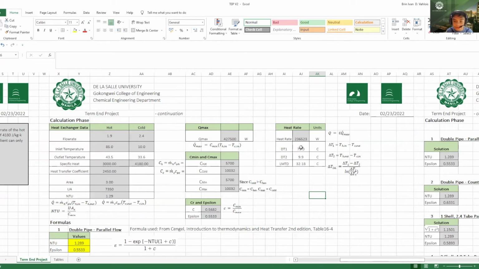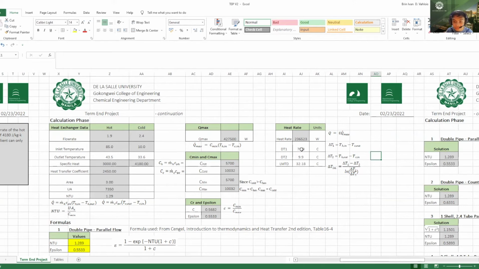For bonus, we can also solve for the logarithmic mean temperature difference. The logarithmic mean temperature difference is equal to delta T1 minus delta T2 all over ln of delta T1 over delta T2. Note, for parallel flow, delta T1 is equal to TH in minus TH out, and delta T2 is equal to TC out minus TC in. So this is for counter flow.